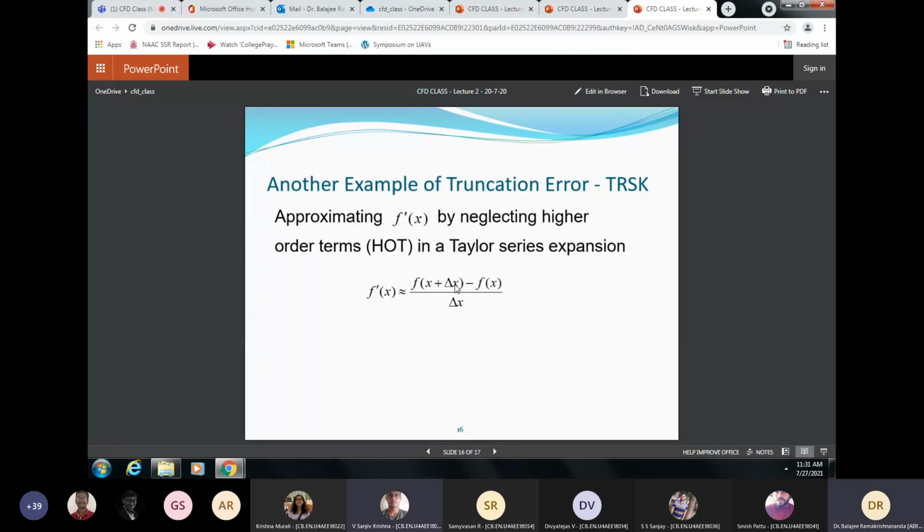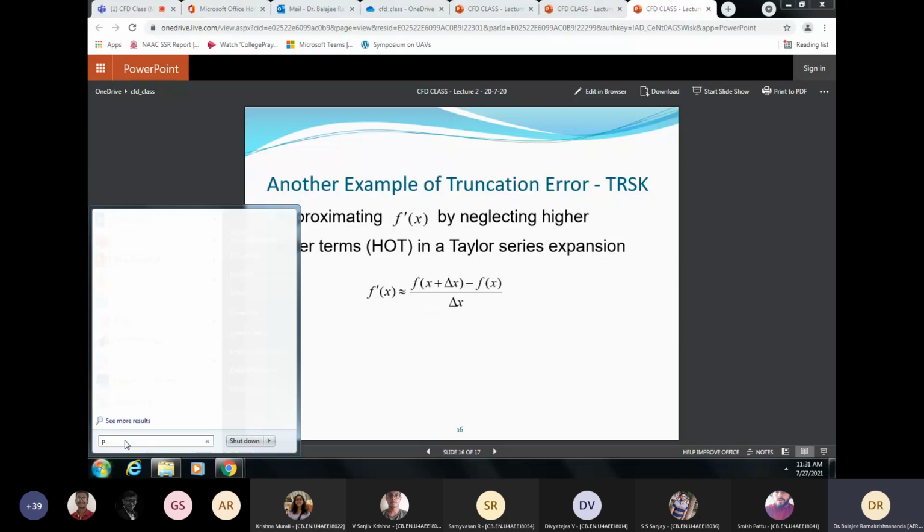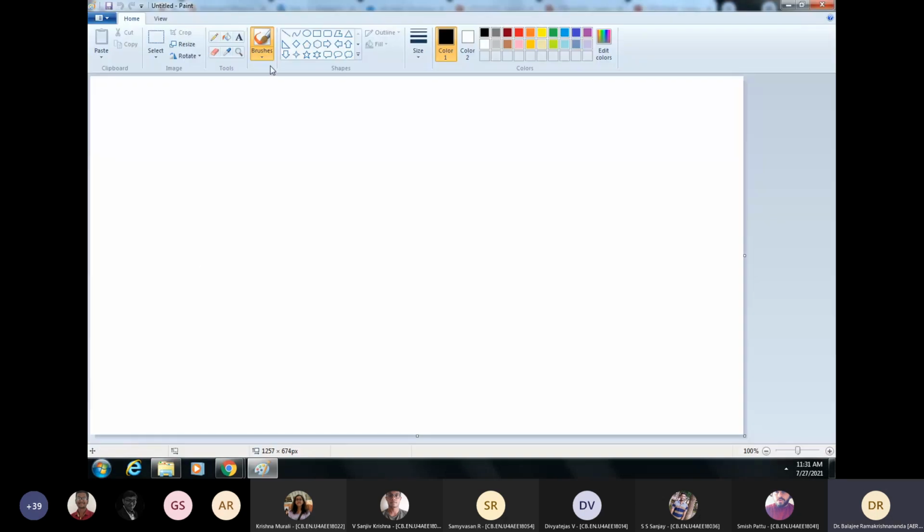Correct? Yes, sir. Now the next term will be, I'll write it so that people can follow. Some people can follow something strictly, some people can follow other things quickly, so it's better if I write it down. This we call the Taylor series. Nivetha will confirm tomorrow.